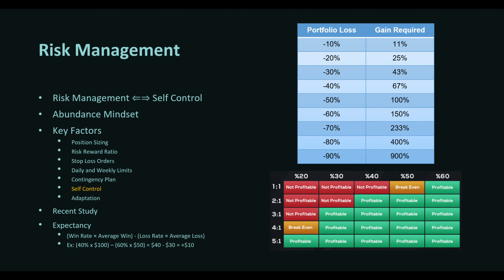Some on these prop leaderboards, you'll often see win rates and average wins listed, and you can start to derive the expectancy of these traders, and they have negative expectancy. Top Steps or some of the other ones that have those stats on the leaderboards.